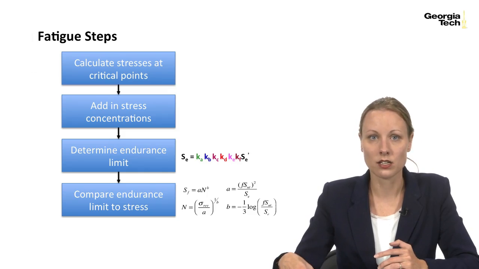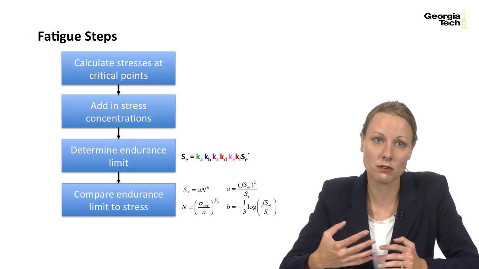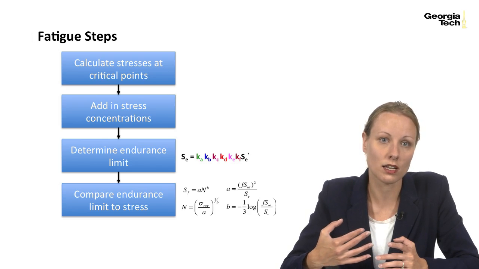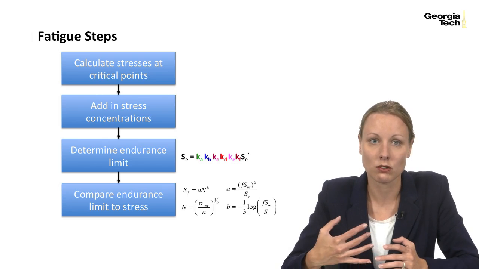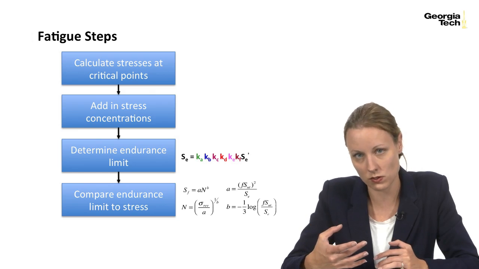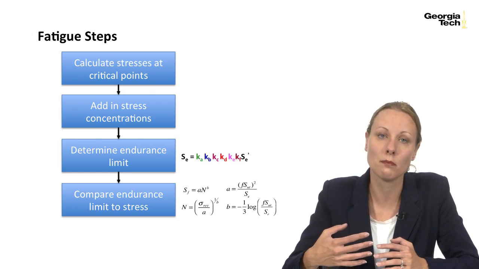All right, so what we did this time is we figured out how to calculate the endurance limit, and we already knew how to compare the endurance limit to the stress in the part.